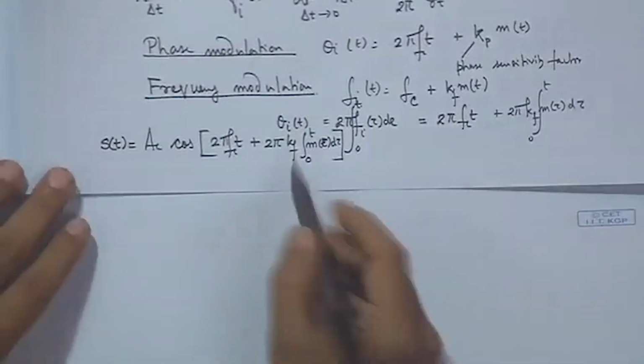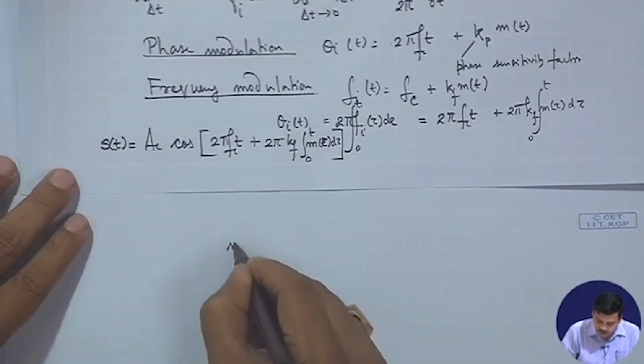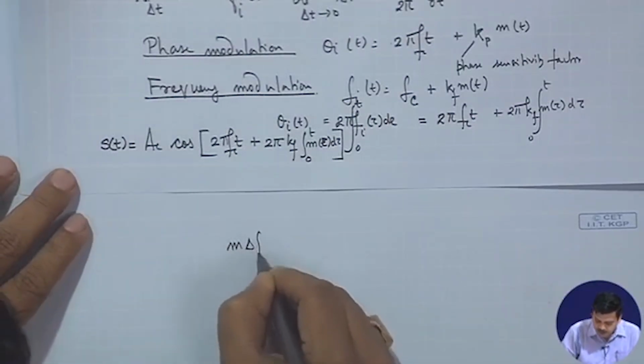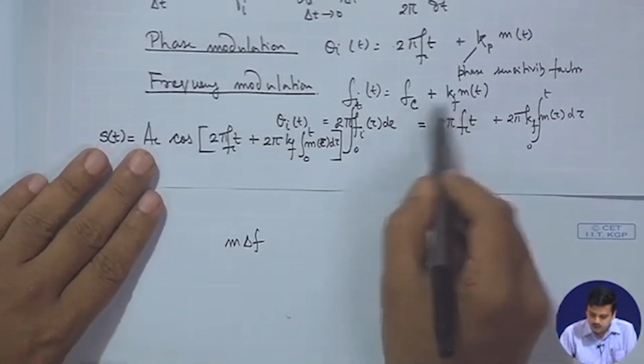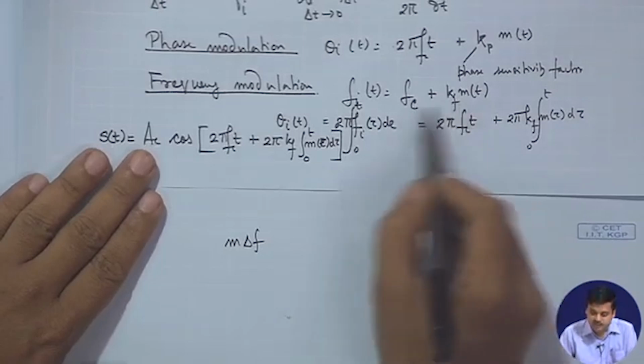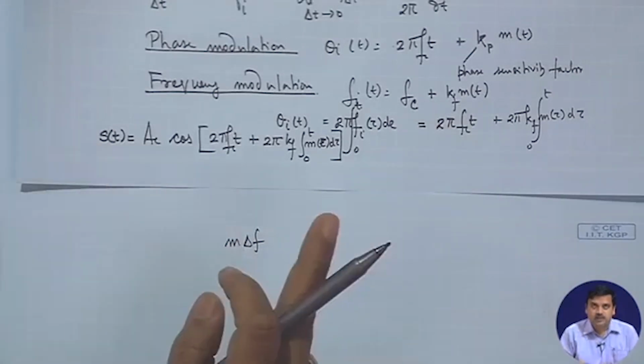Now, in case of frequency shift keying, what you had seen is that you are using m and delta f to choose the frequency, right. So, basically you are switching between frequencies at a very fast rate, the instant you have to change from one oscillator to another.